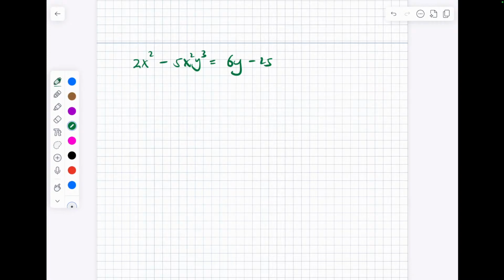I didn't write it yet. So I have a trapezoid here. What's the requirement to have a trapezoid?